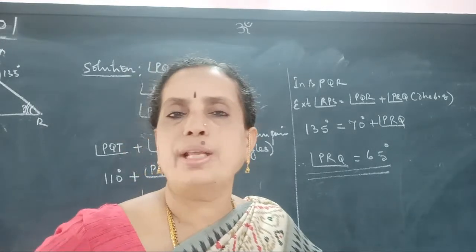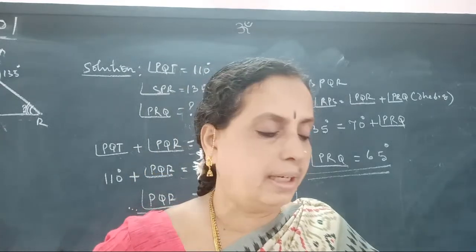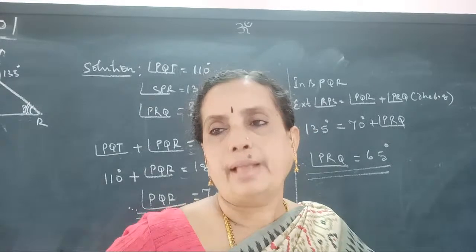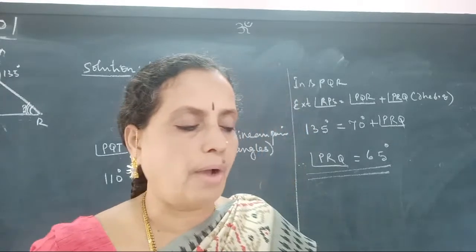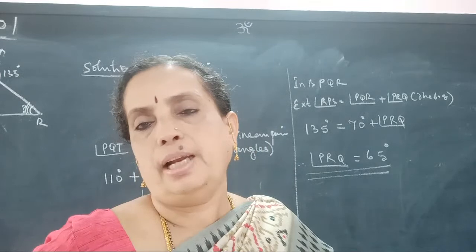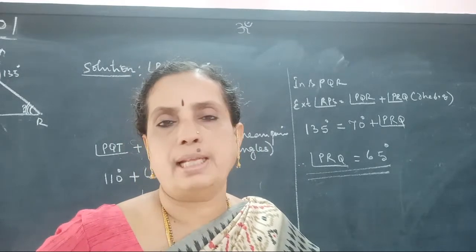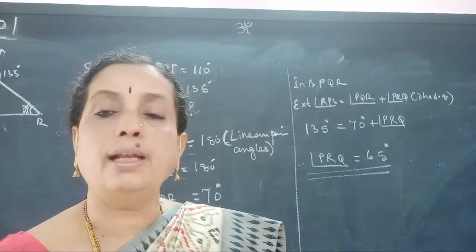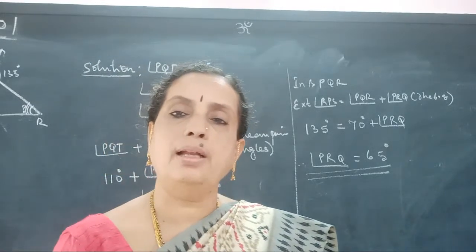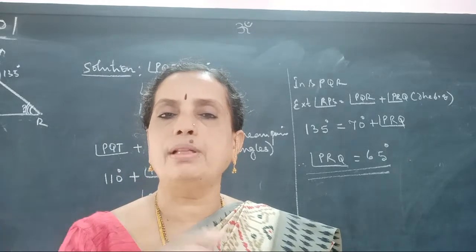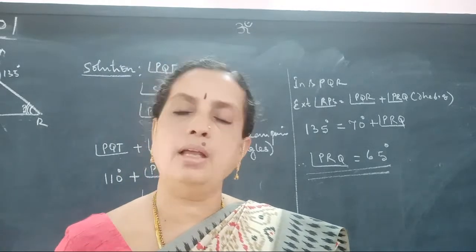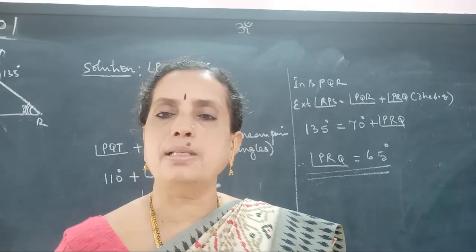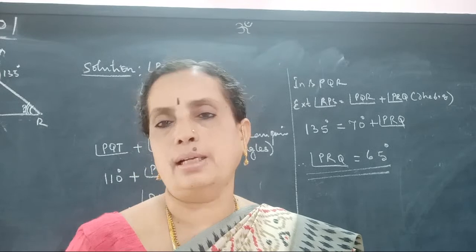Suppose the same question is for MCQ, directly you can get angle YOZ equals 90 degree plus half of angle X. The angle found between the internal bisectors of the base angles is equal to 90 degree plus half of its vertex angle.